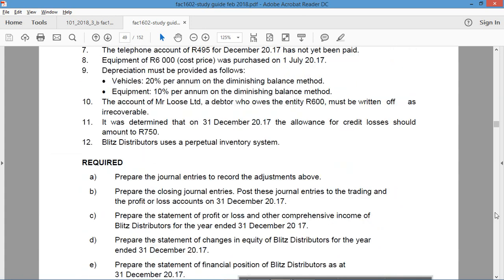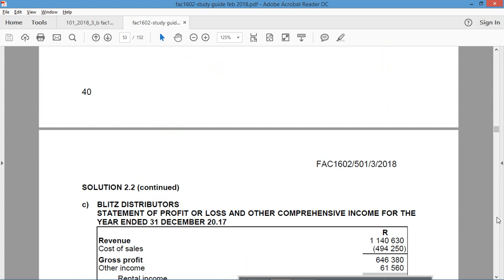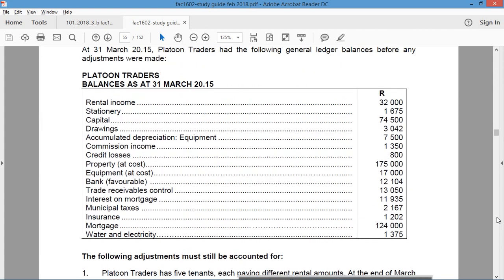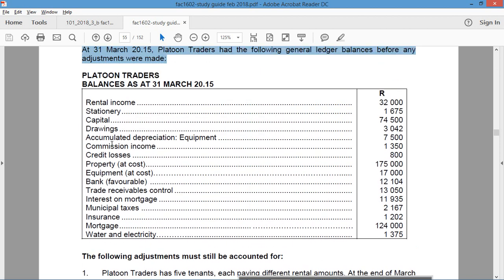That should be 3. You had this to analyze as well, in terms of adjusting journal entries. This was a lot shorter.